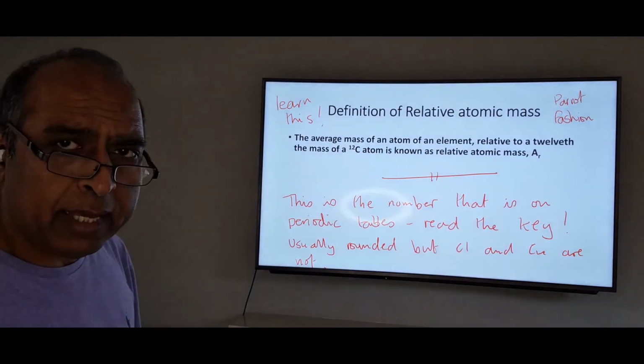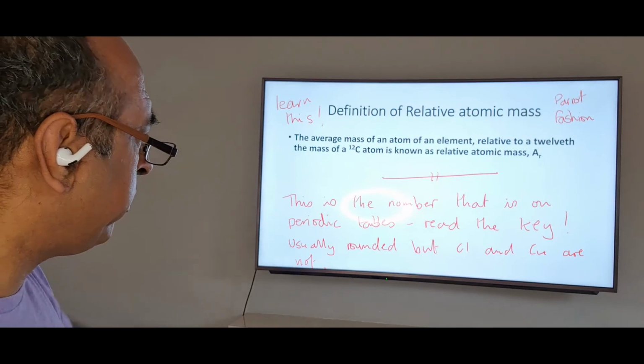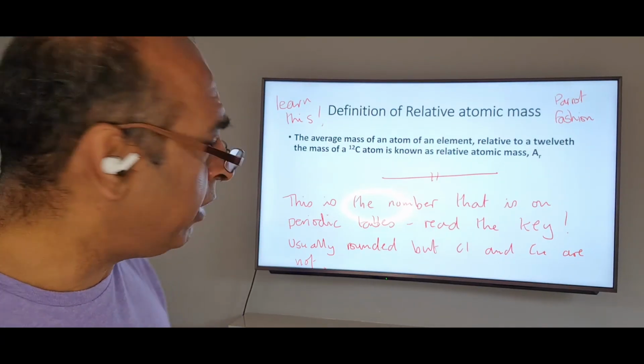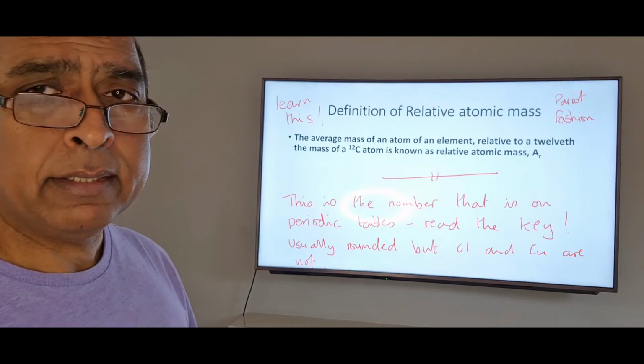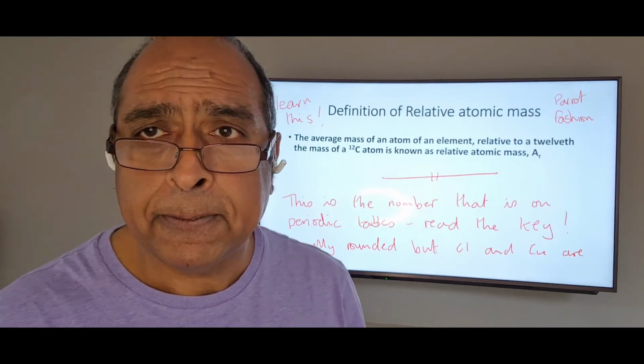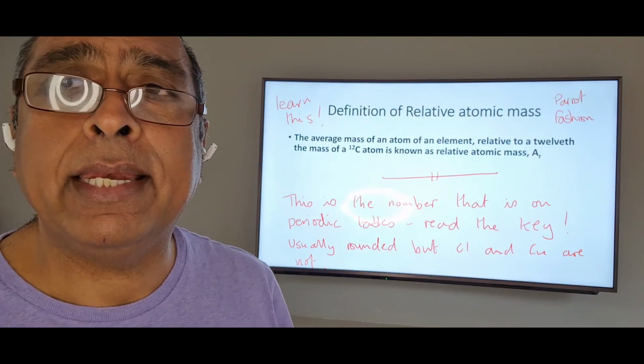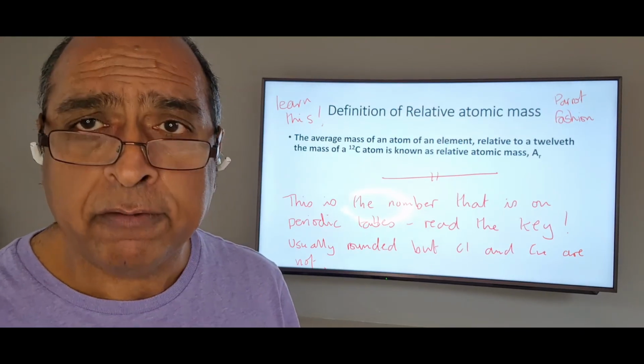That is the number on the periodic tables. If you read the key, it will tell you that number is relative atomic mass, and it's usually rounded, but they leave it at 35.5 for chlorine, and 63.5 for copper.